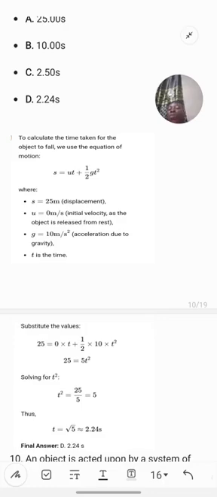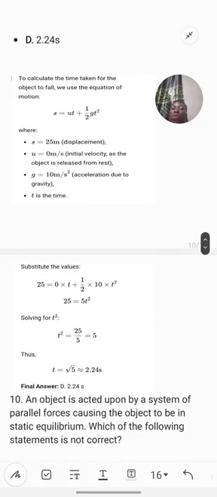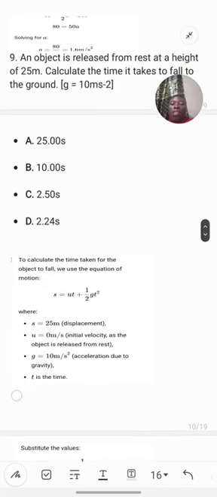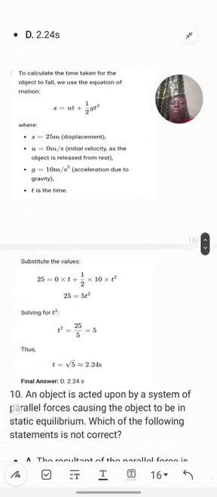So 25 equals 5t squared, and we can divide both sides by 5. Then t squared equals 5. Then the square root of 5 is 2.24 seconds. So going back to our question, the correct option will be 2.24 seconds. I believe you can see that very clearly.